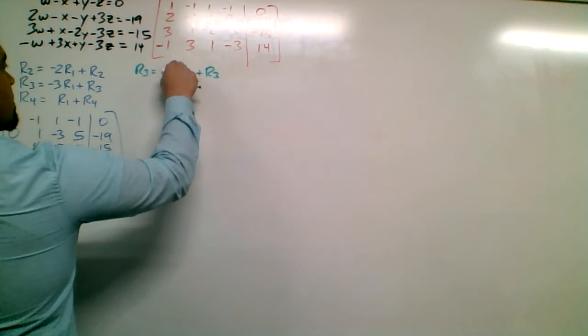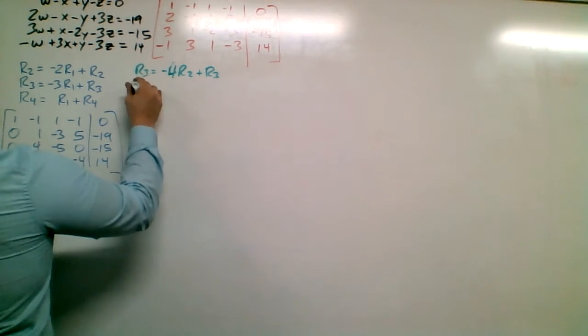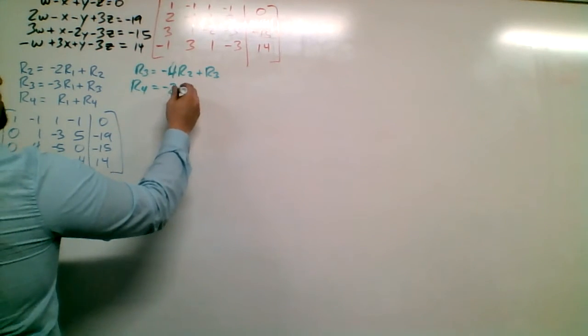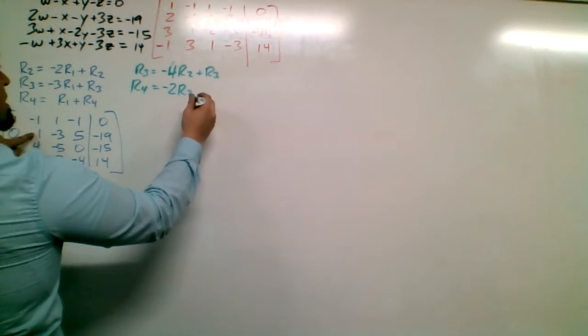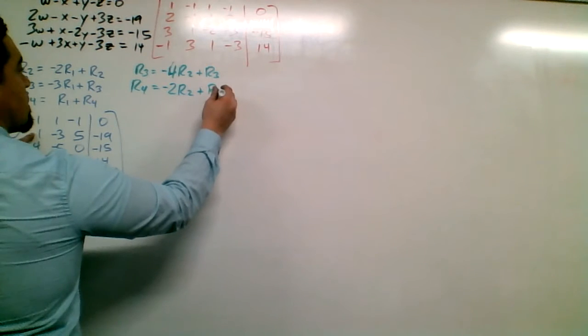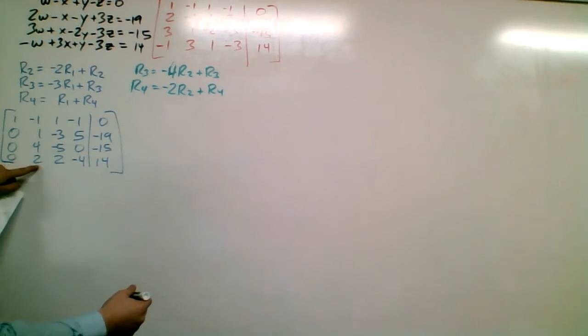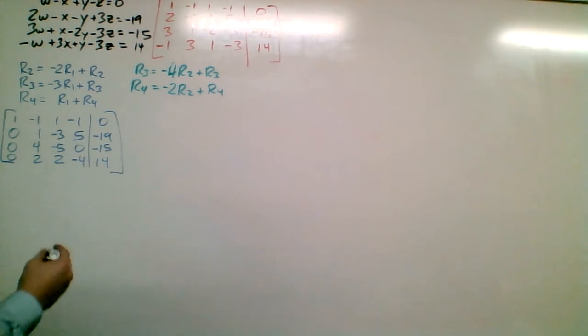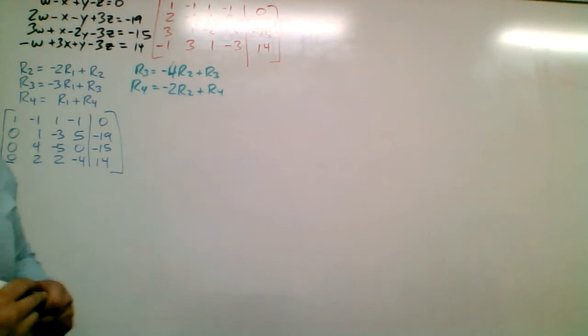Okay, and that'll replace row 3, and then row 4. Since there's a 2 there, I'm going to do -2 times row 2, because that's where my 1's at, plus row 4. And that's going to give me the zeros that I want below here. Okay, so we're going to go ahead and do those operations.